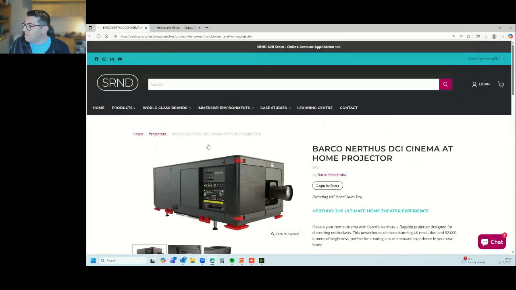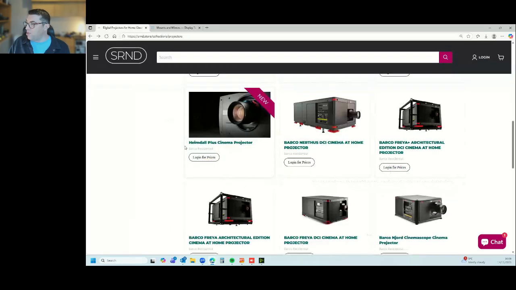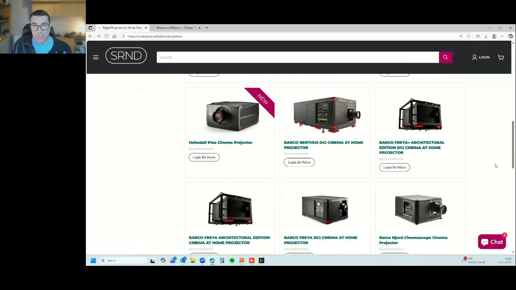Clearly, no one is expected to take a Nerthus and hang that from the ceiling. So there has to be consideration around the projector model that you're going to choose. Because if you deal poorly with the physical challenges of that, of course it's going to deliver a very poor experience for your customer.